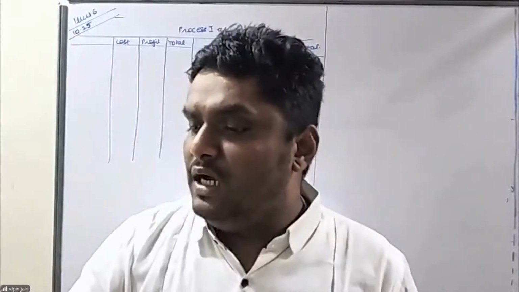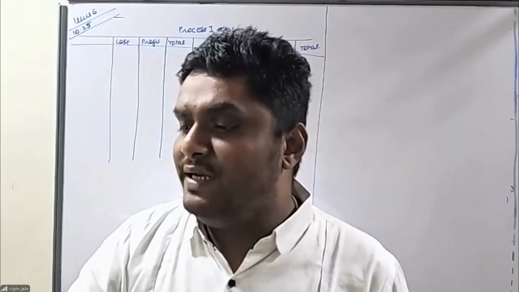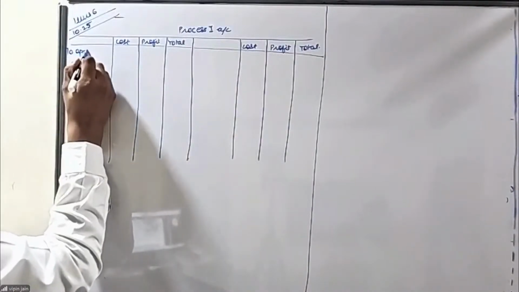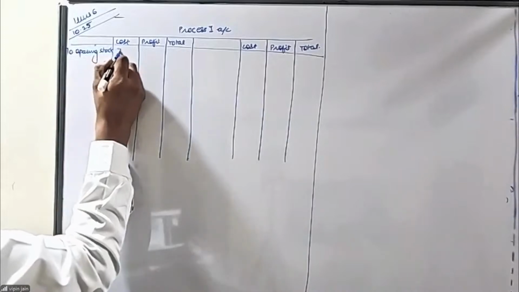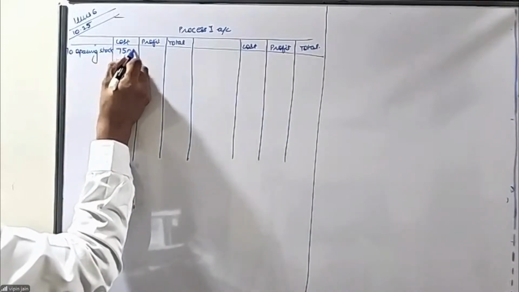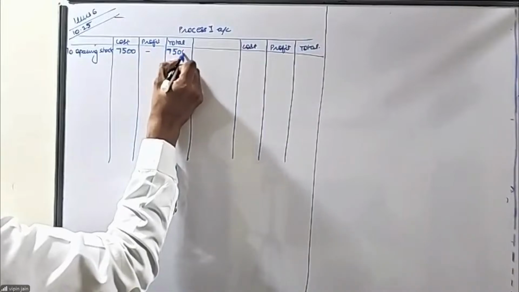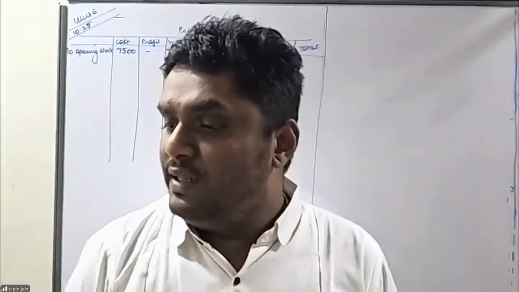So now let's start with this question. Here the opening stock is given, that is 7,500. Material is 15,000.